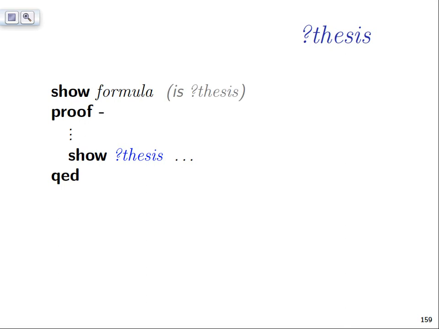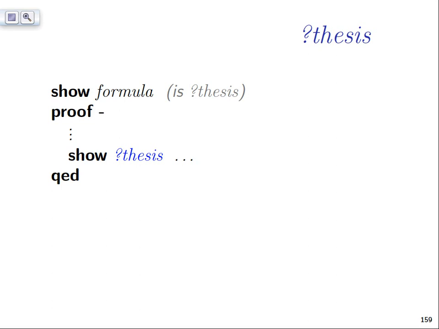So essentially, every show introduces implicitly one of these pattern matching constructs and pattern matches the formula that you're trying to show with thesis. So thesis is really the last show that I was attempting. That is, it's short for that.